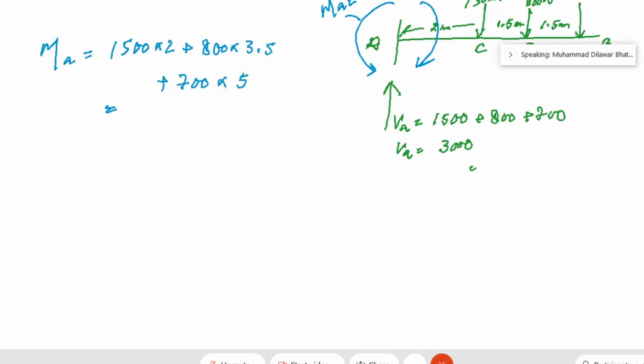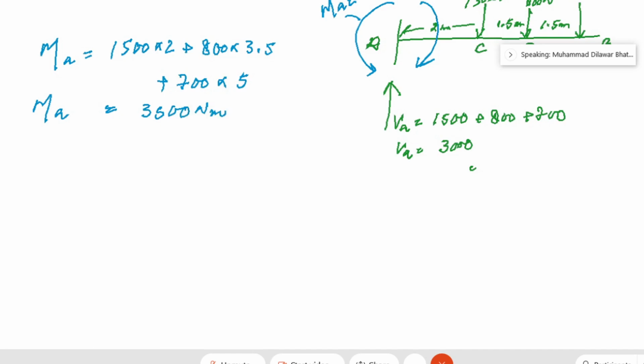Calculate it quickly and tell me how much will be the moment at point A. Give me the value of MA.